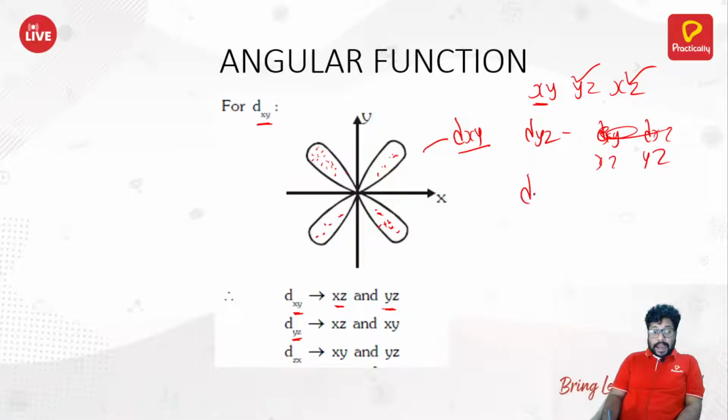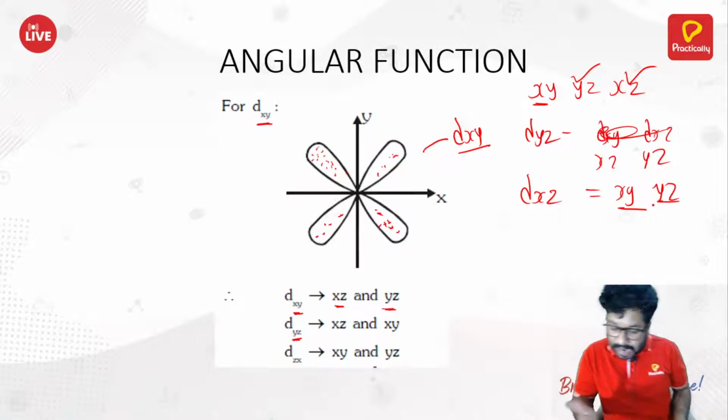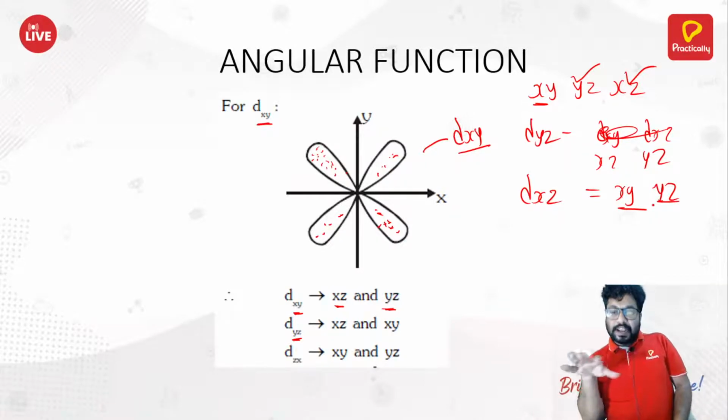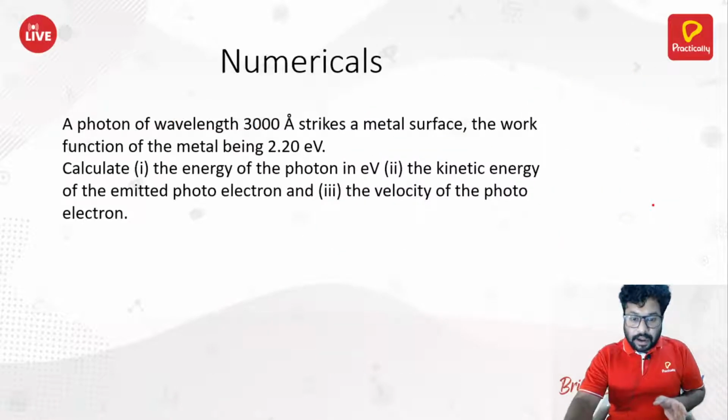If you take dxz, the nodal planes will be xy and yz, and so on. Okay, that is how you can find out the nodal planes. It is that easy. It is not that difficult at all. I have told you what it is for the p orbital and for the d orbital also.